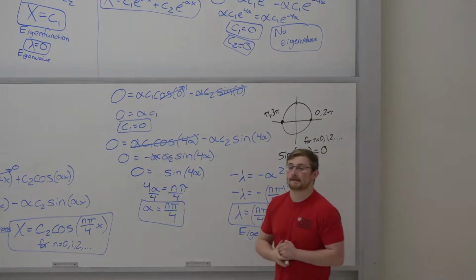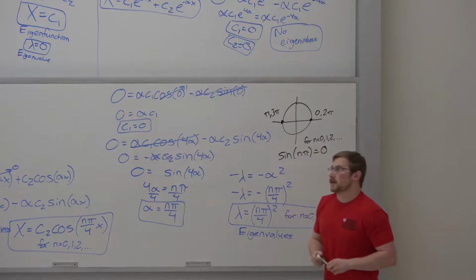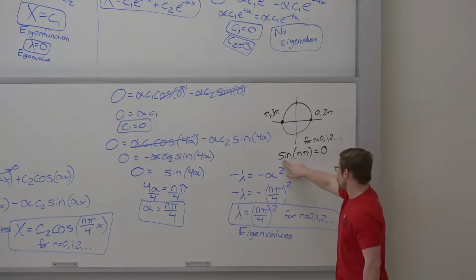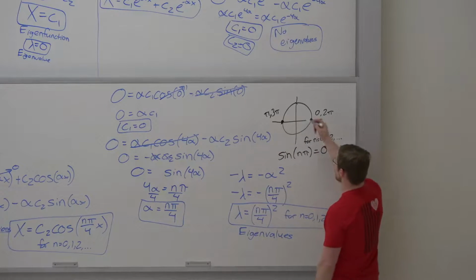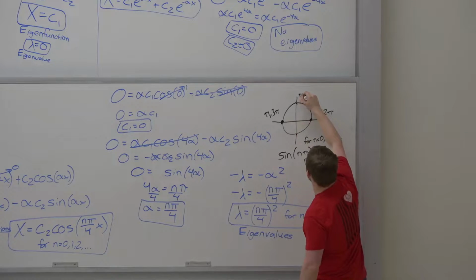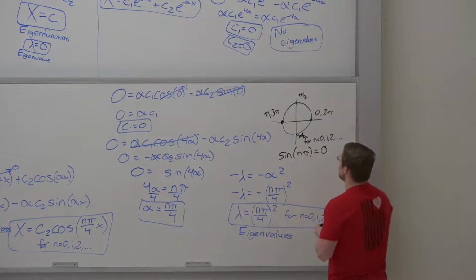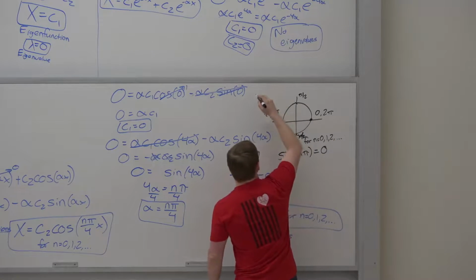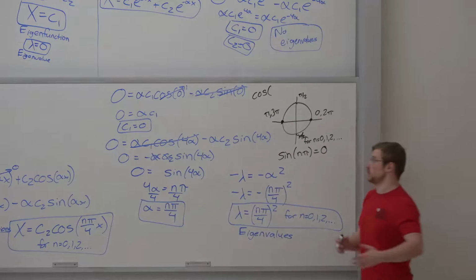If that was cosine, would that be pi over 2 times n? If this was cosine instead, then we would say, well, I know that cosine is equal to 0 up here and down here. So this is pi over 2, 3 pi over 2, 5 pi over 2. So in that case, I know it's going to be an odd number times pi over 2.